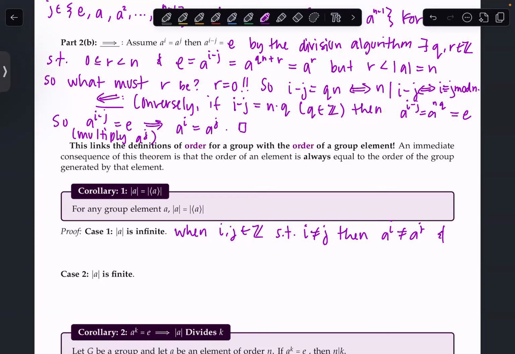Okay, so what this is saying is that my group generated by A, which I can write as the set of my identity e, which is a to the 0, a to the plus or minus 1, I'm just going to write this as shorthand to go in the positive and the negative direction, a to the plus or minus 2, and so on. These are all distinct. So it has distinct elements. Because all of these powers are different, all of these elements are going to be distinct from each other. And so how many elements do I have in my set here?